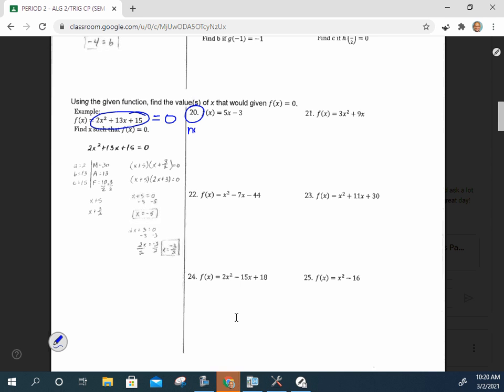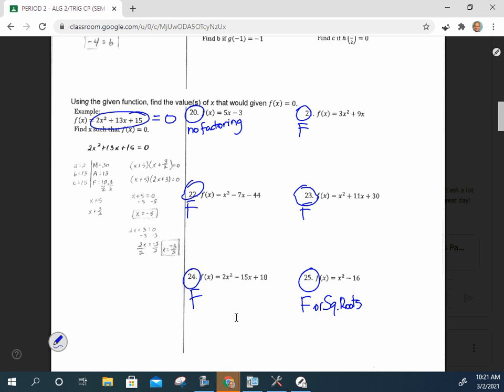So 20, there's no factoring for it. 21, 22, 23, and 24 are factoring. 25, you can either factor it or you can solve it using square roots. So there's two ways that you could actually do problem 25.